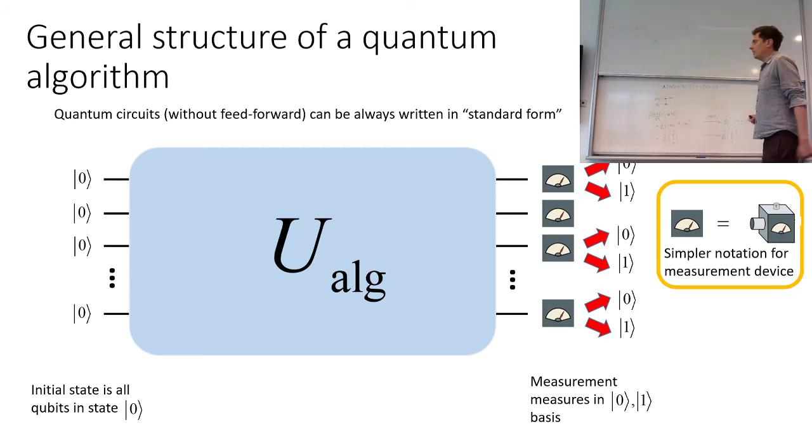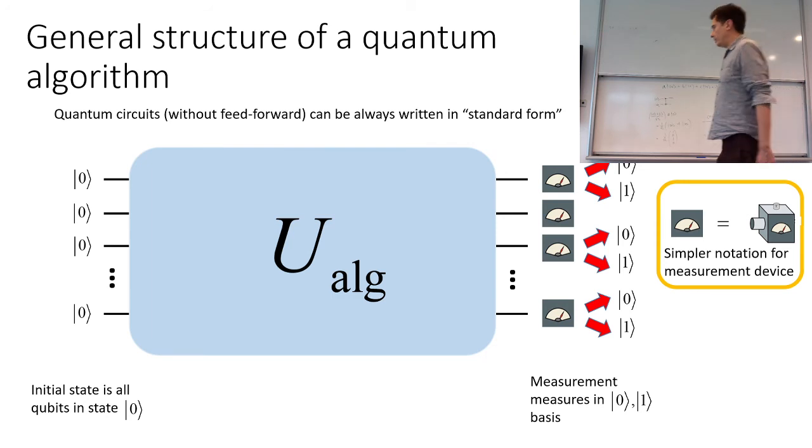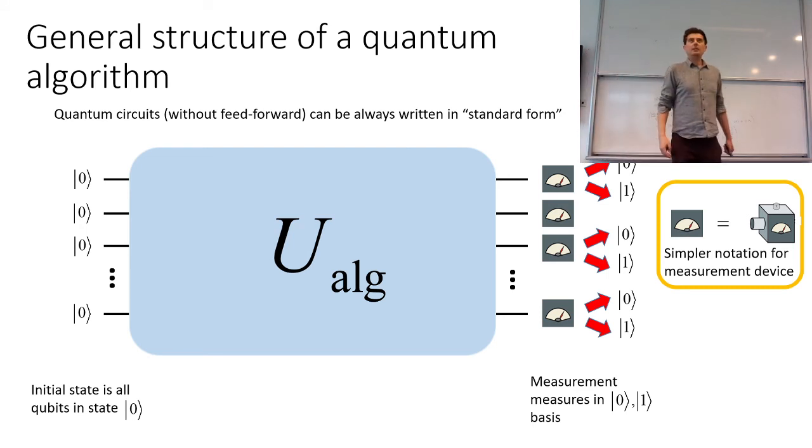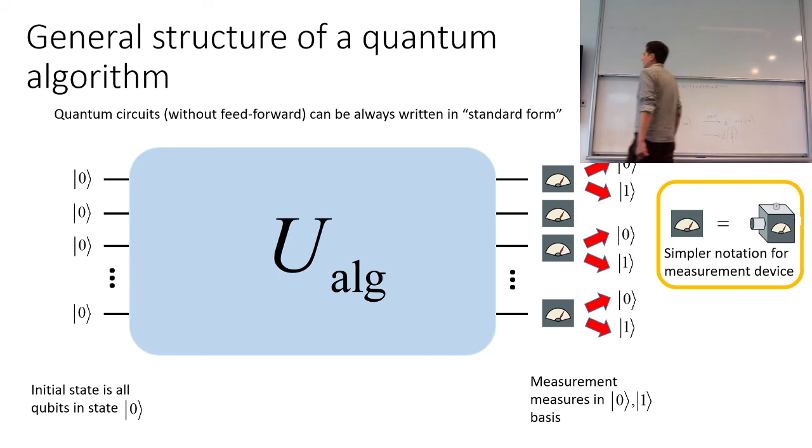Even though I said something similar before, I'm going to further say that in fact all the initial states we can initialize to state 0. And I'm also going to make what appears to be an assumption, that the output measurements are all done in the 0, 1 basis.